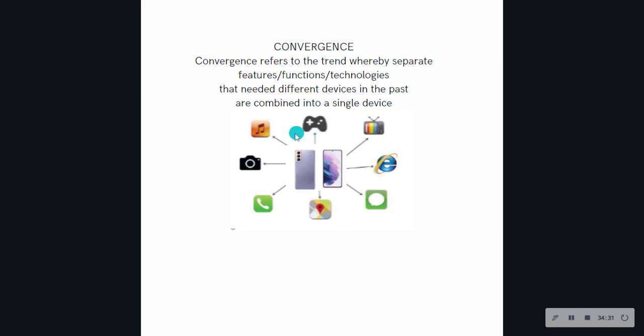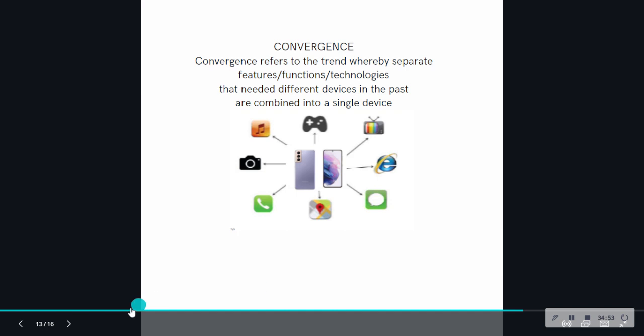And so you will see that all of those things that are surrounded there can be found within this one phone. You don't need a camera and a game console and your Netflix and your internet separately anymore. You have everything in one device, and that is what that word refers to.